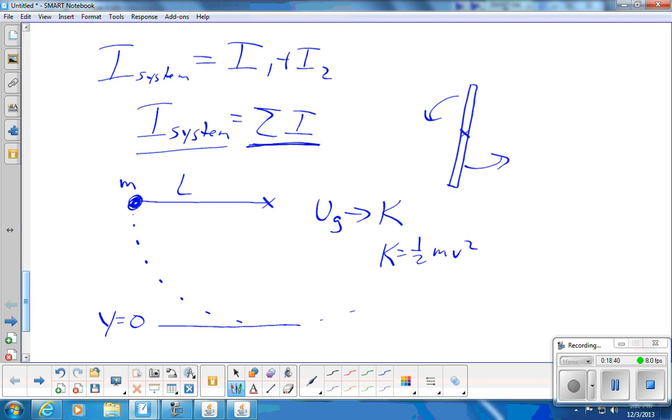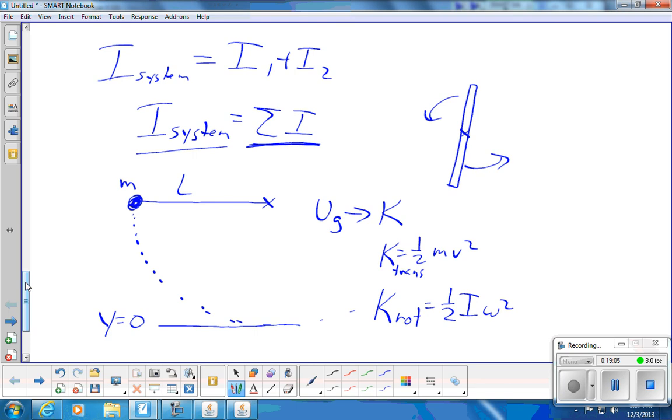Alternatively, you can say, oh, I choose to look at this, instead of a point mass translating along this curved line, as a mass that's rotating around an axis. So instead, I can call this rotational kinetic energy and say it's 1/2 I omega squared.